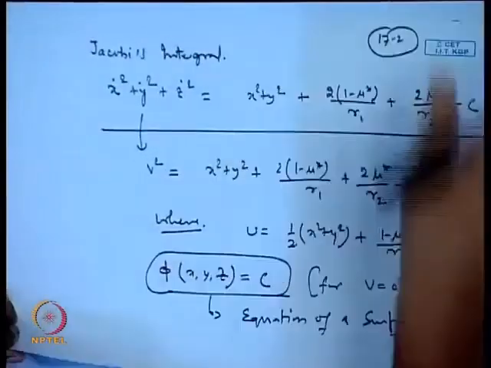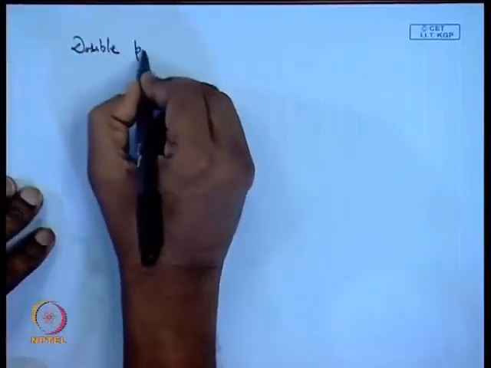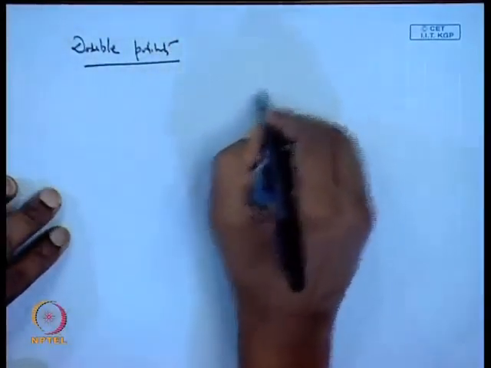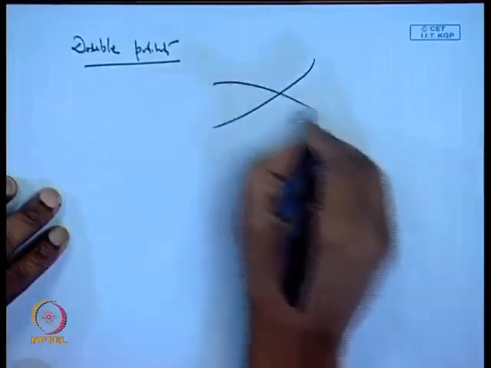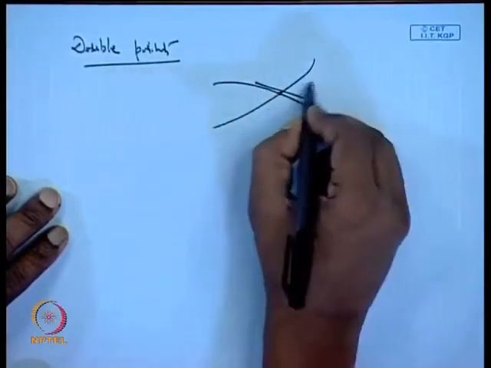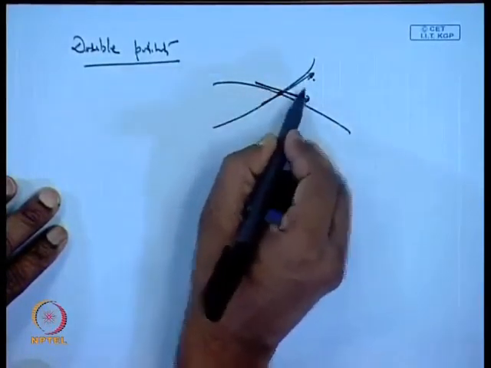Also, I stated that the librational points are nothing but the double points. Double points can be defined as follows: if a curve is given, this curve may intersect itself at a point. At that point we can have two tangents.